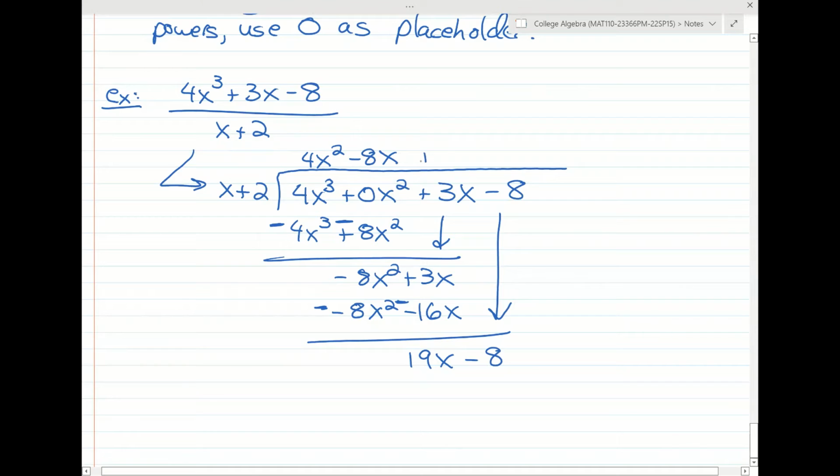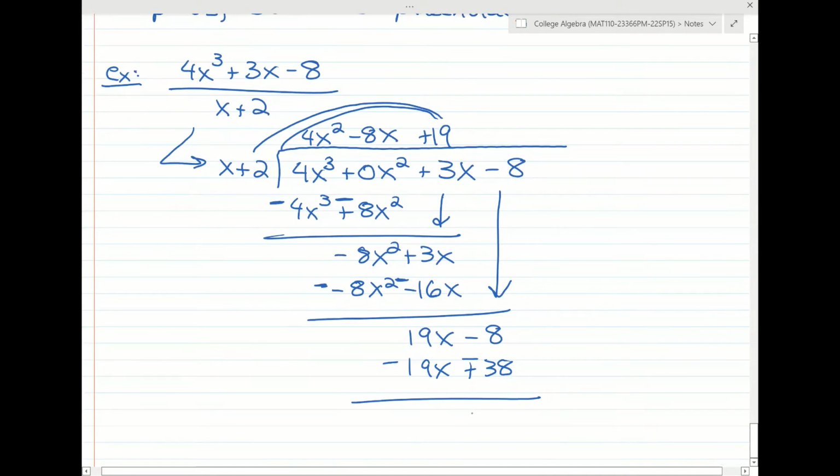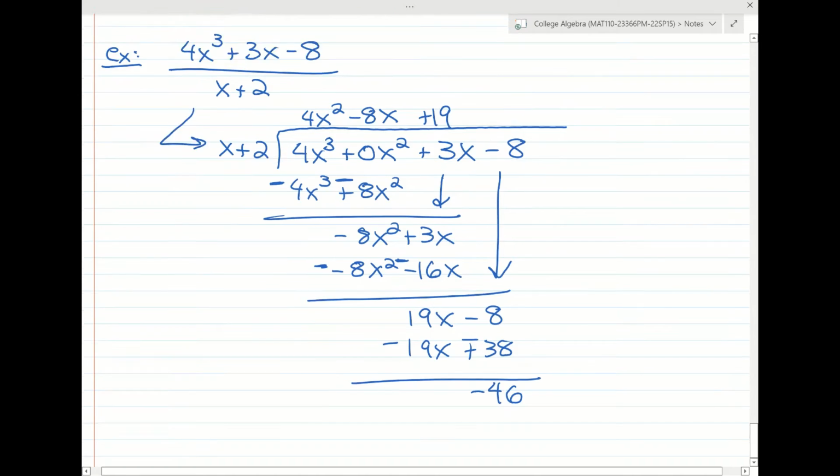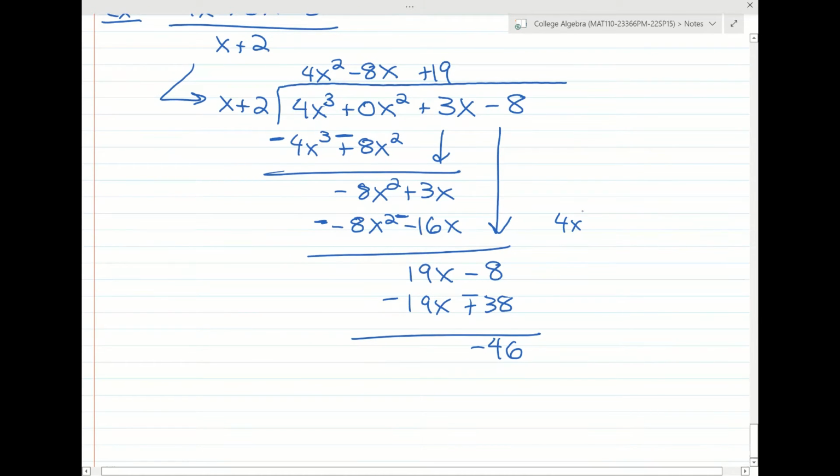The answer is 19. And then multiply 19 times x plus 2 would be 19x plus 38. But we have to subtract those. Negative 8 minus 38 is negative 46. So your answer would be 4x squared minus 8x plus 19 minus 46 over x plus 2.